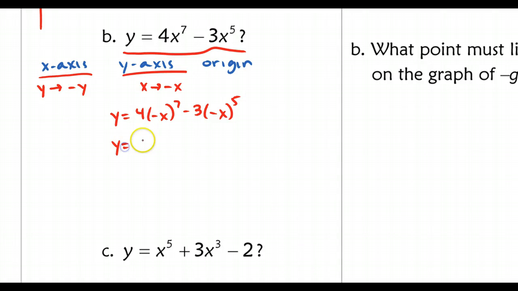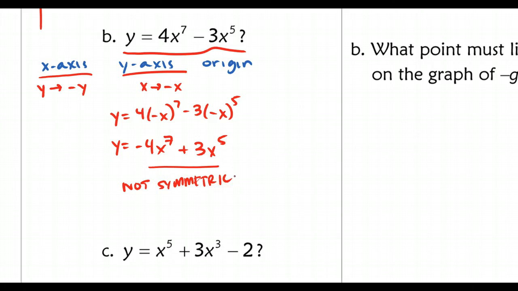So let's test it out. When I take negative x to the 7th power, I still get negative 4x to the 7th. And here, when I take negative x to the 5th, because it's an odd power, I'll still get a negative, so that becomes positive 3x to the 5th. And as you can see, this is still not the original equation, so this is also not symmetric about the y-axis.